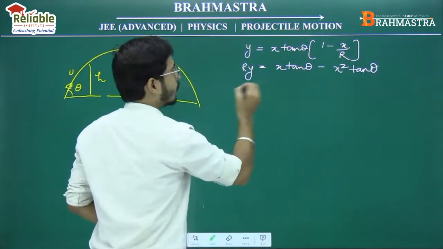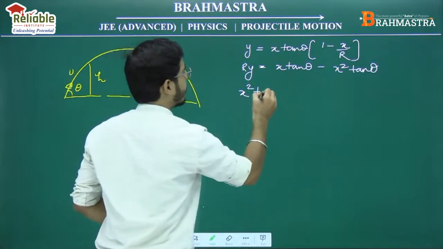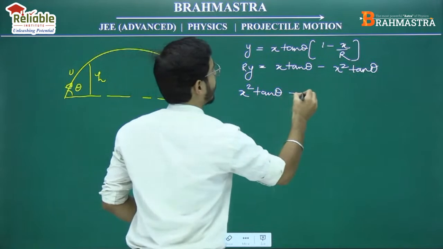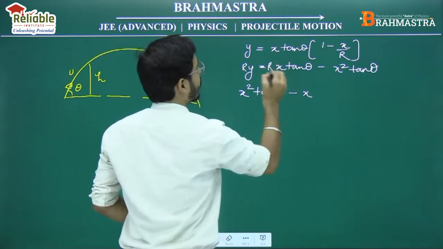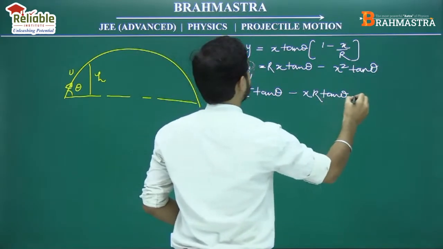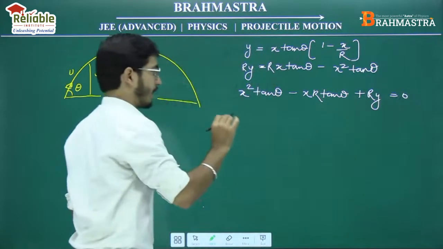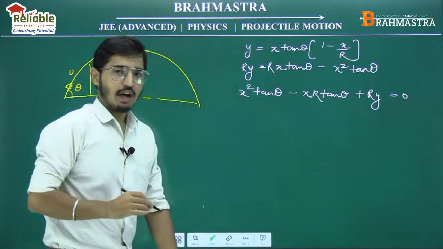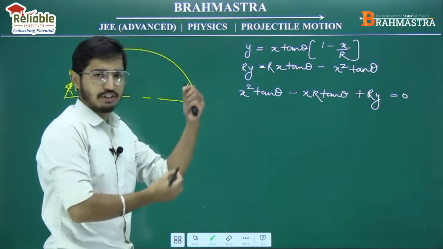Okay guys, I am going to rearrange this equation. Let's take x square on this side: x square tan theta minus r tan theta x, and then plus ry is equal to 0. Perfect. We are analyzing another quadratic equation which we have got through the trajectory equation.